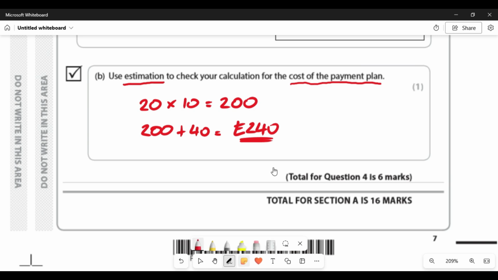Okay, instead of 20, let's leave that as 15. Obviously that will make 150 here. And then add the 150 with the 40, that will give you 190. That's a little bit better. Yeah, so it's a little bit closer to 216, which was the answer before for the payment plan.